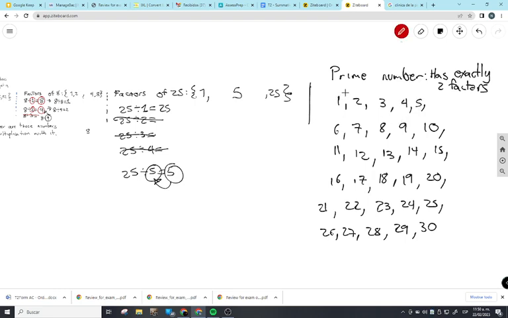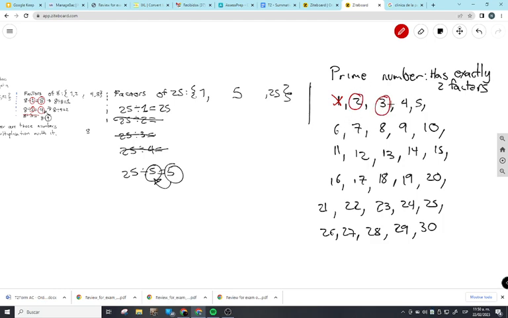Well, the number 1 has itself as a factor and nothing else. So 1 is not a prime number because it has only one factor. Prime numbers have exactly two factors. The number 2, what factors does it have? It has 1 and 2 and no more. So it has exactly two factors. So 2 is a prime number.